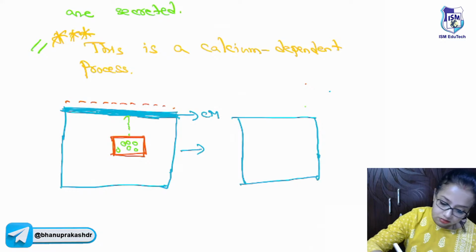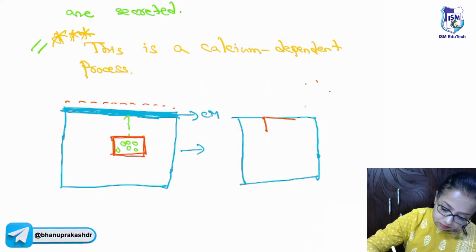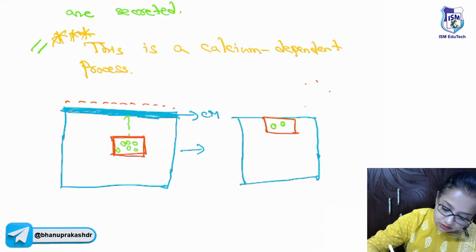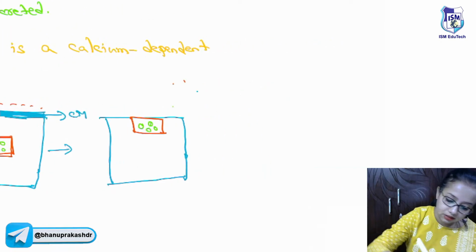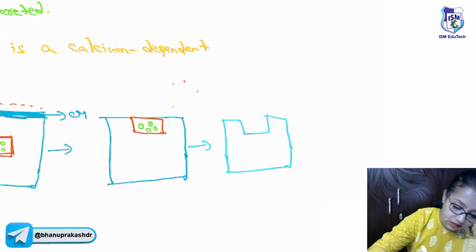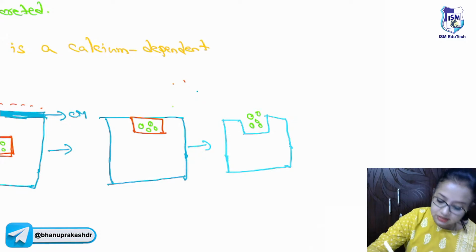It will fuse here with the substances, and then it will be lysed out to the exterior, right?